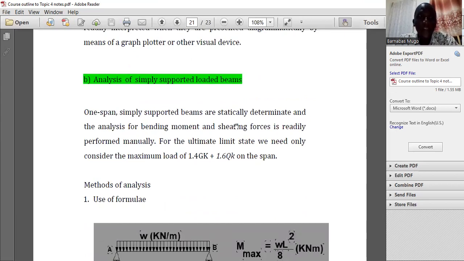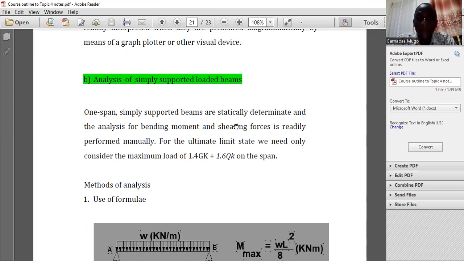Then the analysis of simply supported beams: we need to know that one-span simply supported beams are statically determinate. That is, we are able to determine the forces, the weight, and everything statically.